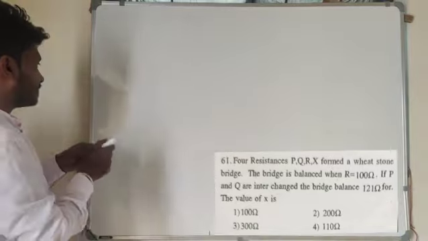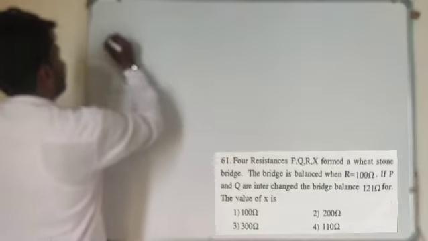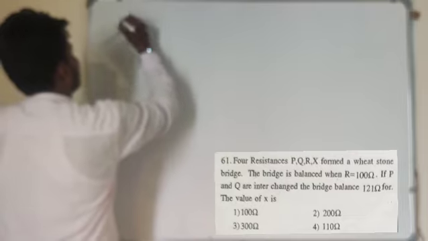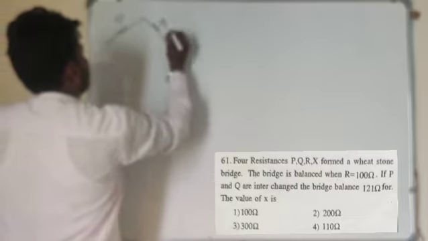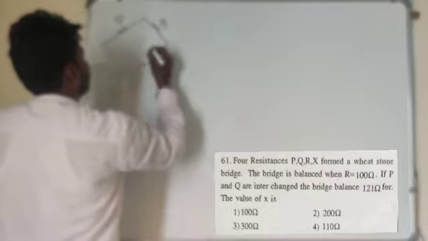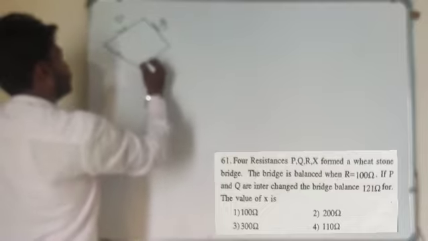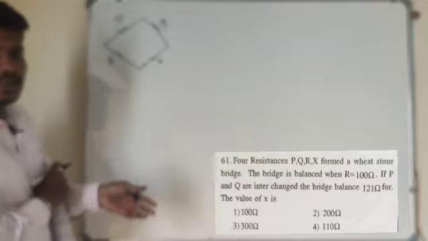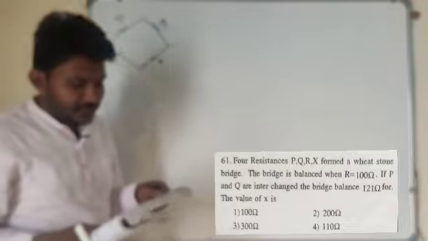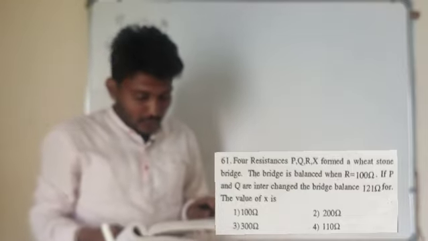Here 4 resistors are there: P, Q, R and X. For example, in the initial case, the bridge gets balanced with R equal to 100 ohm.